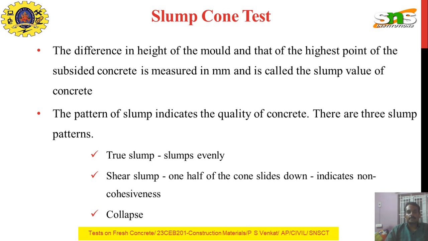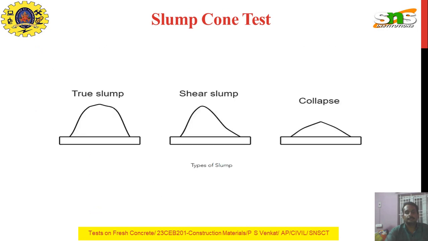Shear slump represents medium workable concrete, where one half of the cone slides down and indicates non-cohesiveness of the concrete. Collapse slump represents poor quality of concrete, where the concrete subsides completely. So this is the pictorial representation of true slump, shear slump and collapse slump.